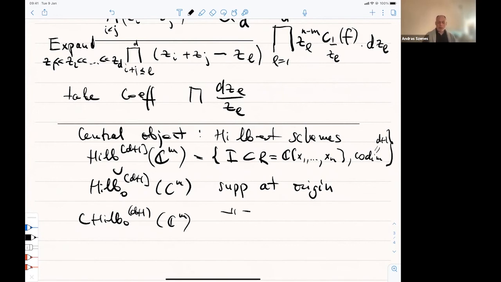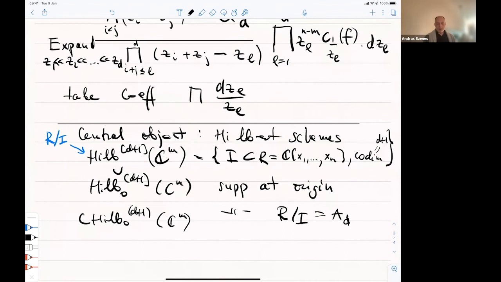And of course, this Hilbert scheme comes with a universal algebra, like a Grassmannian, which is just a universal vector bundle, R mod I. And it just says that this algebra R mod I is isomorphic to A_D.